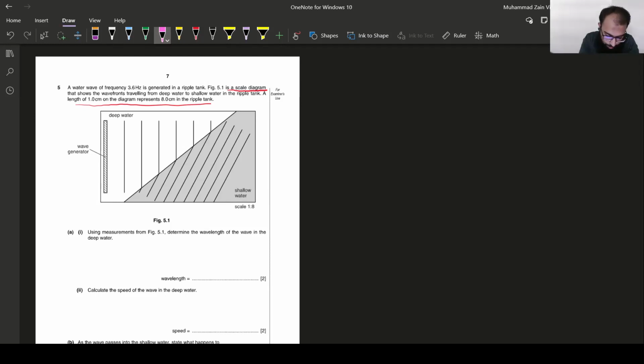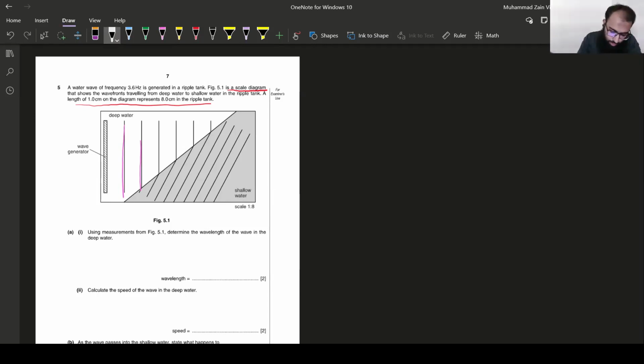Now we know that these lines are wavefronts. As you all might know, wavefronts are lines that are obtained by joining the crests or troughs or any interface points on simultaneous waves.